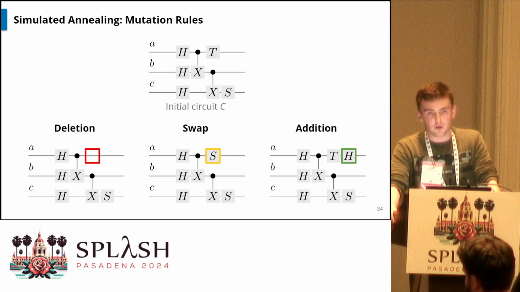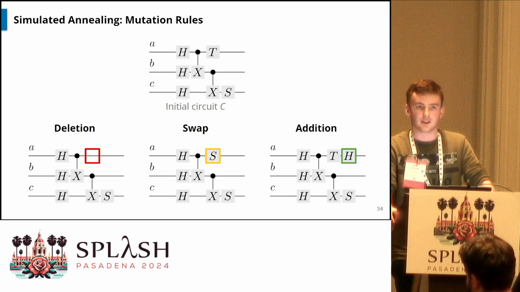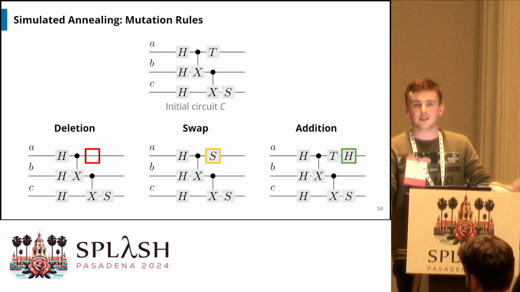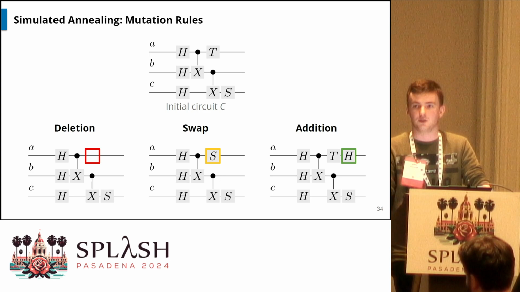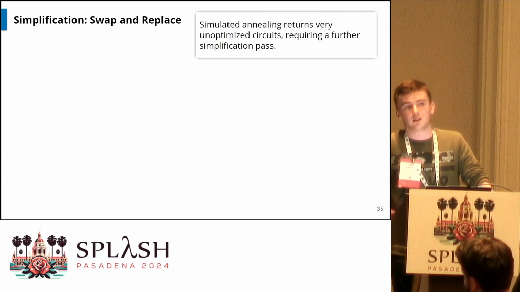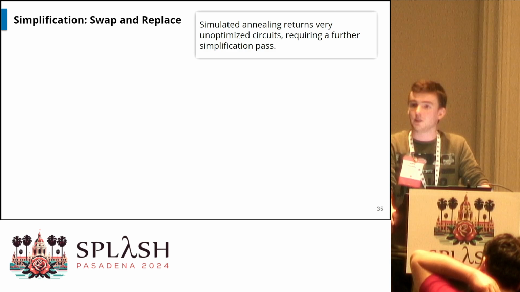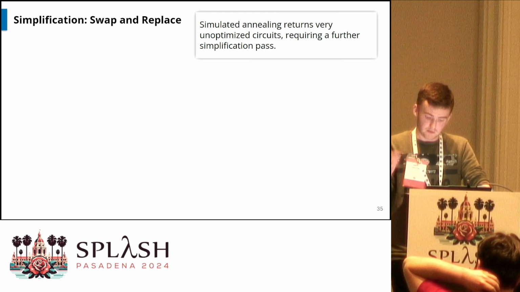Now, the problem with simulated annealing is that it doesn't lead to very efficient circuits. Because of these random perturbations, if we apply this straight like this, it leads to crazy simple optimizations that you can do in your output circuit that you really want to get rid of. So what we do is a very simple simplification algorithm. We could also have used QUARL or any other resynthesis tool, but we noticed that this simple tool was good enough. What does it do?